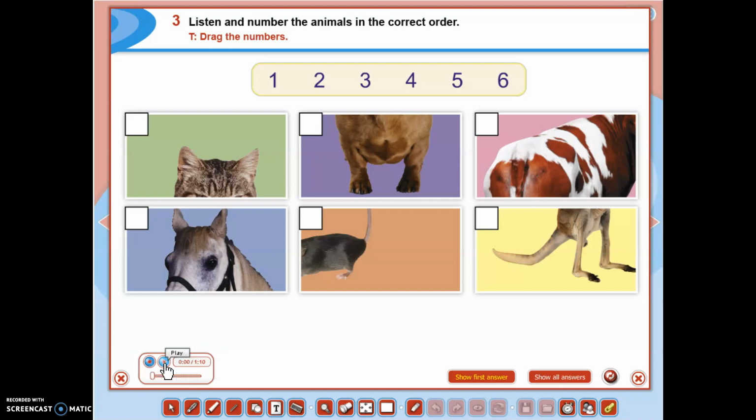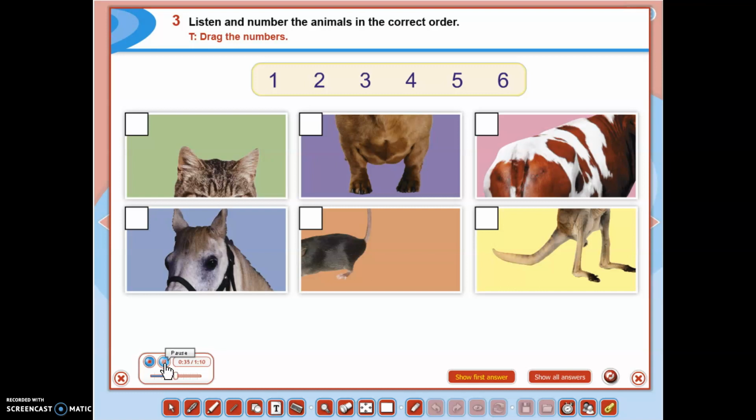Let's listen to it again. Unit 3, page 65, exercise 3. 1. This is a cow. Number 1 is a cow. 2. This is a horse. Number 2 is a horse. 3. This is a mouse.